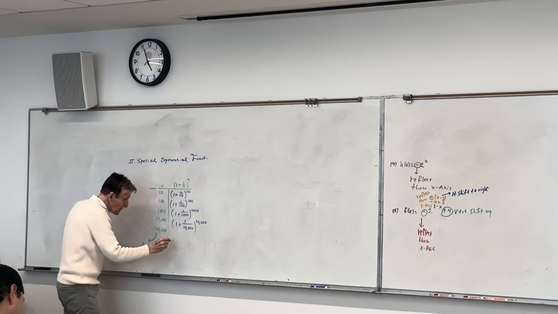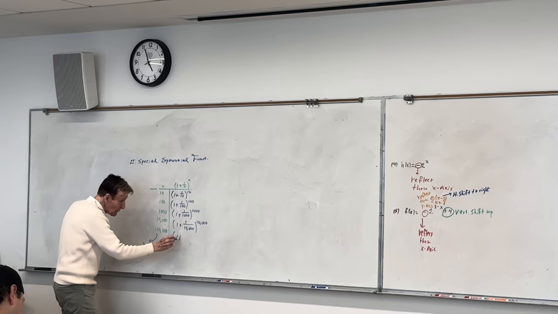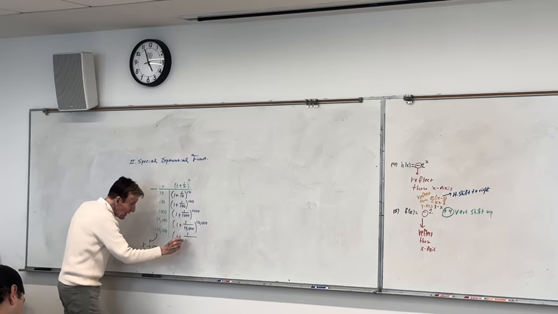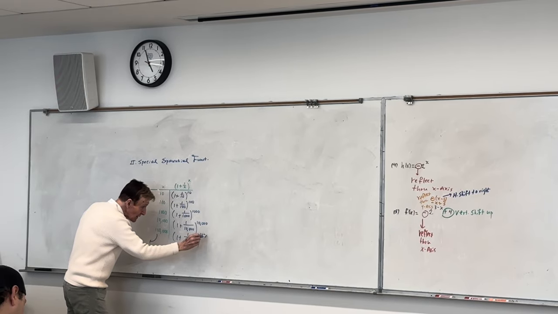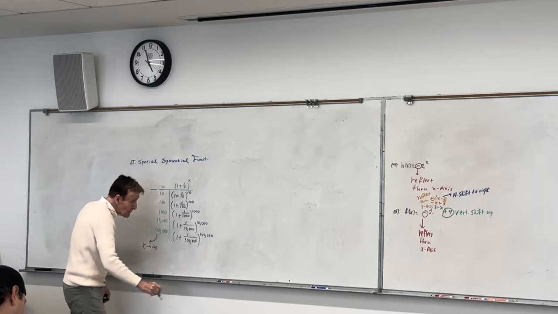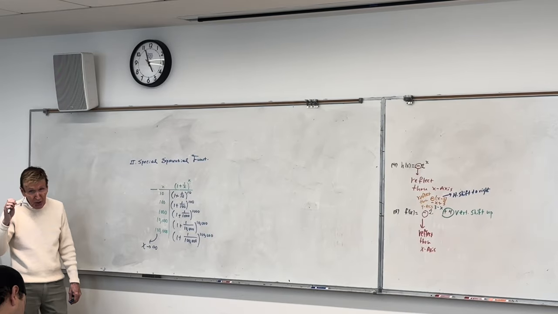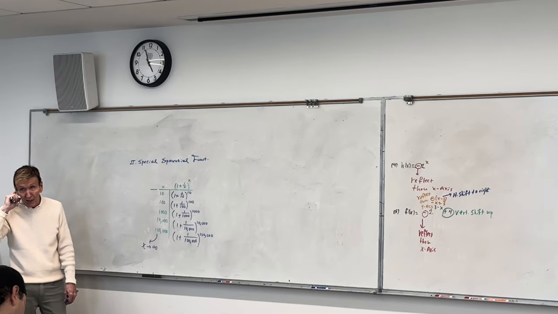And the last one, right now at this point, is 1 plus 1 over 100,000 raised to 100,000. Now, can you imagine if I asked you as a student to calculate what those values are in the blue? That would be madness.